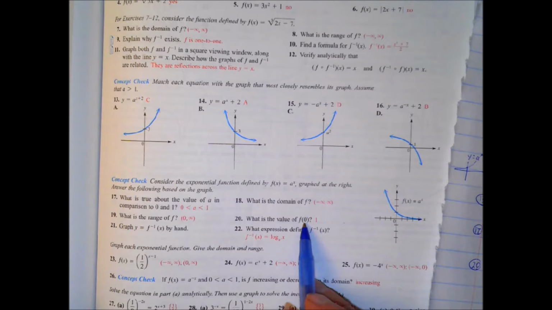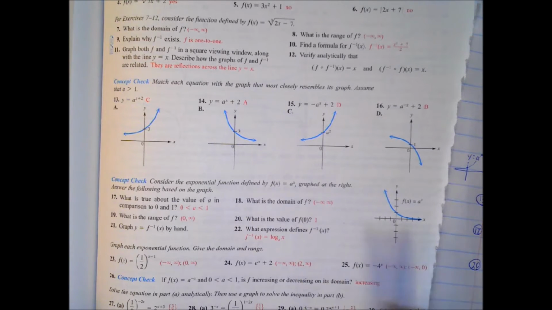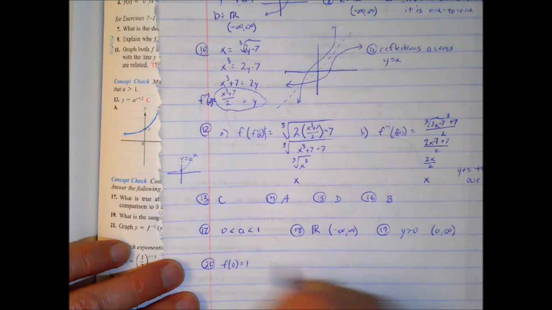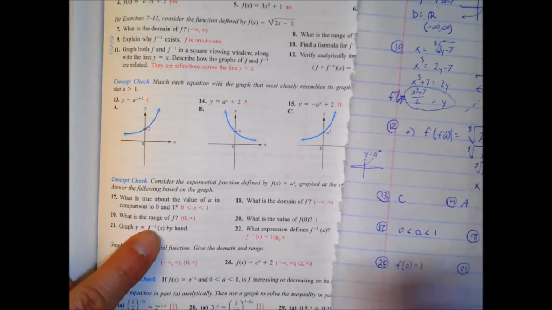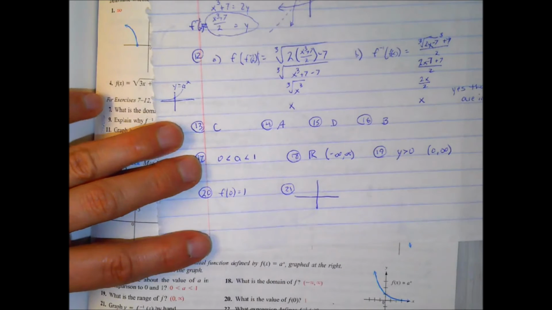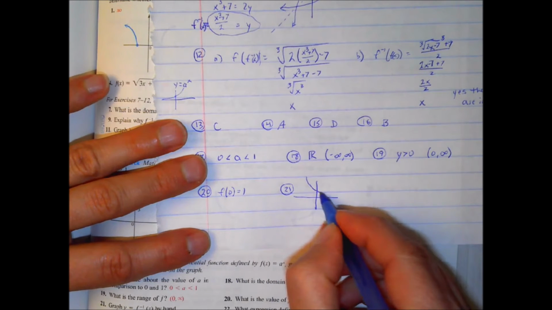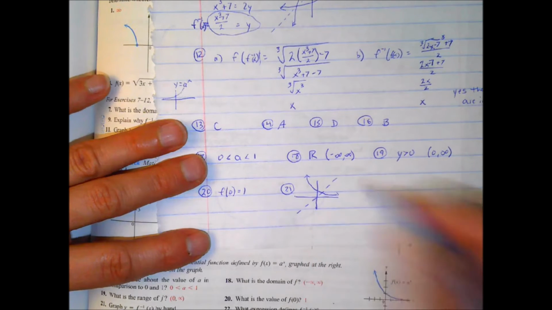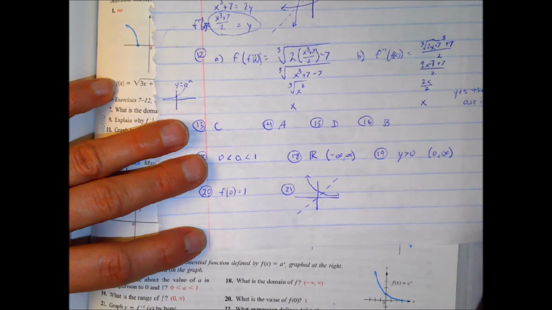Number 23. You want to graph it and then find the domain and range. So number 23, we have f of x is equal to 1/2 to the x minus 1. I know it's exponential decay, so a lot of the times you can graph these knowing what it is. So it's exponential decay, and it's shifted to the right one.